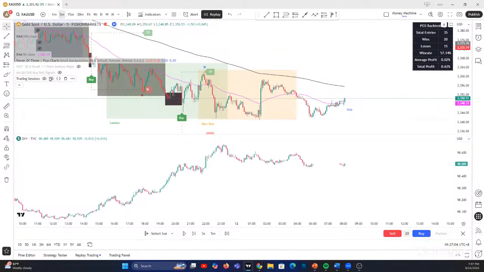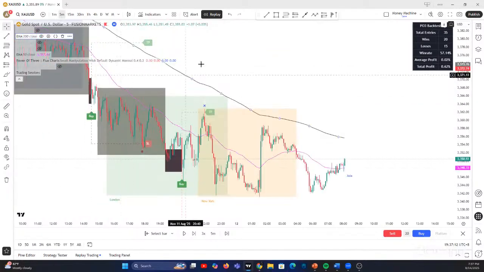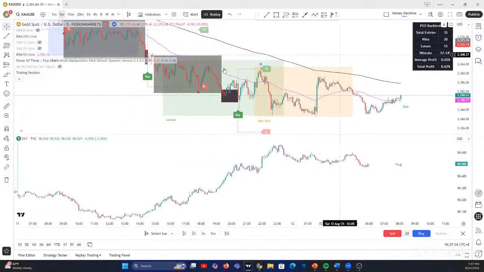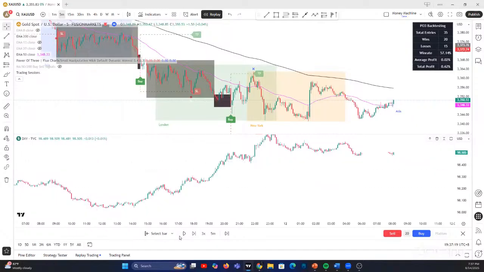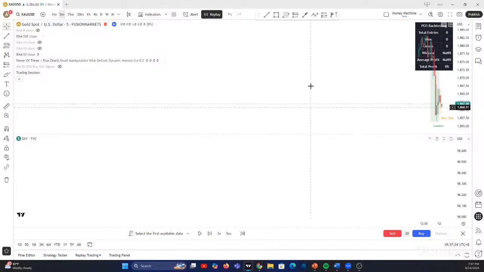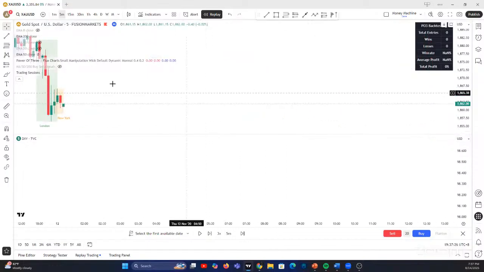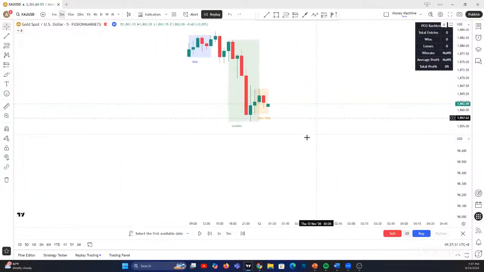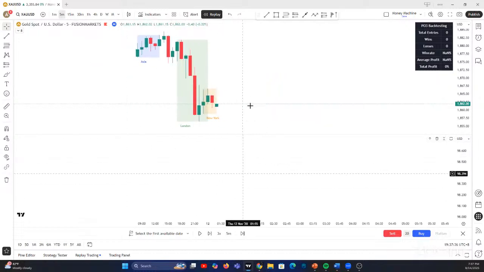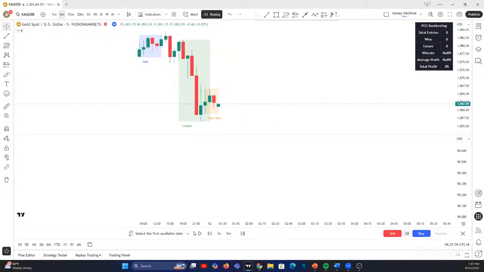My God, what happened to our chart? Let's remove this. Okay, some random dates. Oh, this is very far. It's November. Okay, let's try anyway.